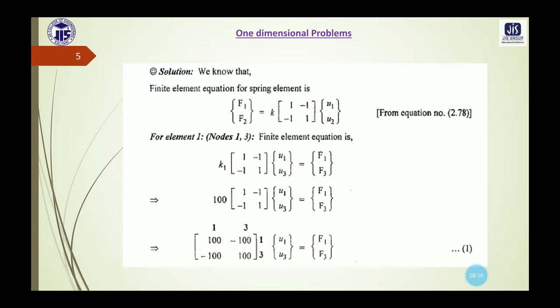So after 2 steps we will get equation number 1, which is the finite element equation for the spring element 1 considering its corresponding nodes 1 and 3.